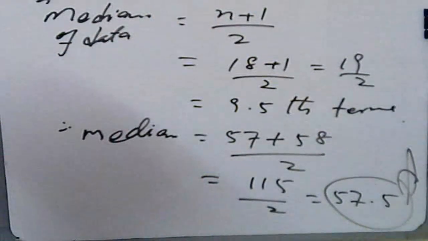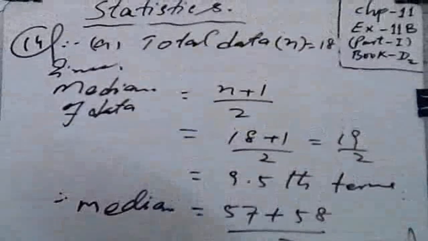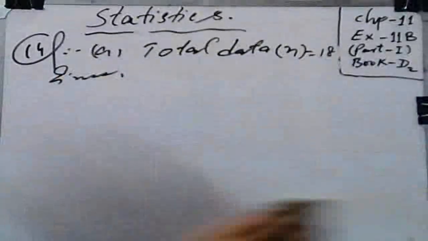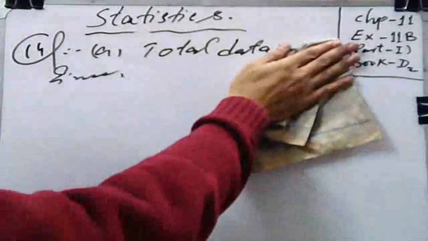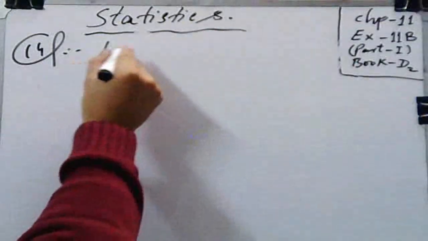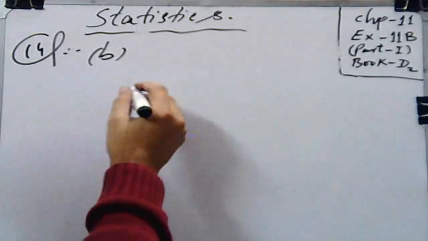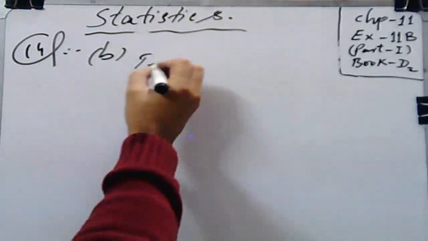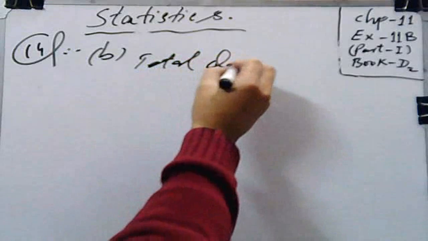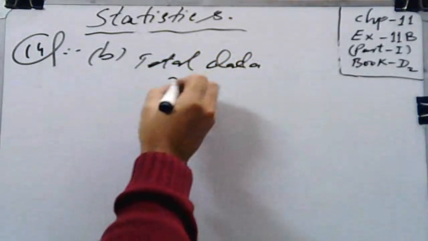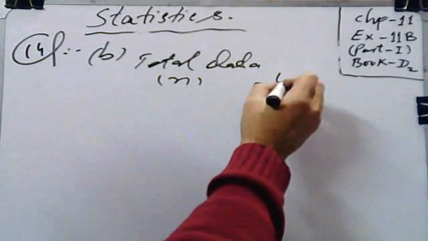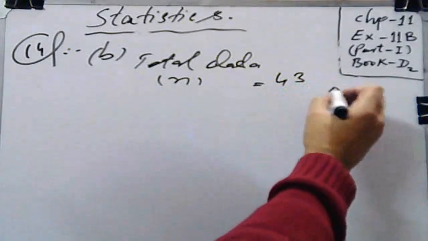Now coming to the B part. In the B part, the total data, that is n, is given as 43, which is an odd integer.